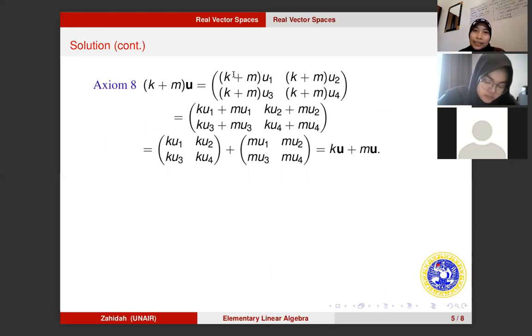Again, by the operation in matrices, we have (k plus m) times u1. We have k times u1 plus m times u1. Then from here we have ku1. We spread again into two matrices. So we get k times u plus m times u.